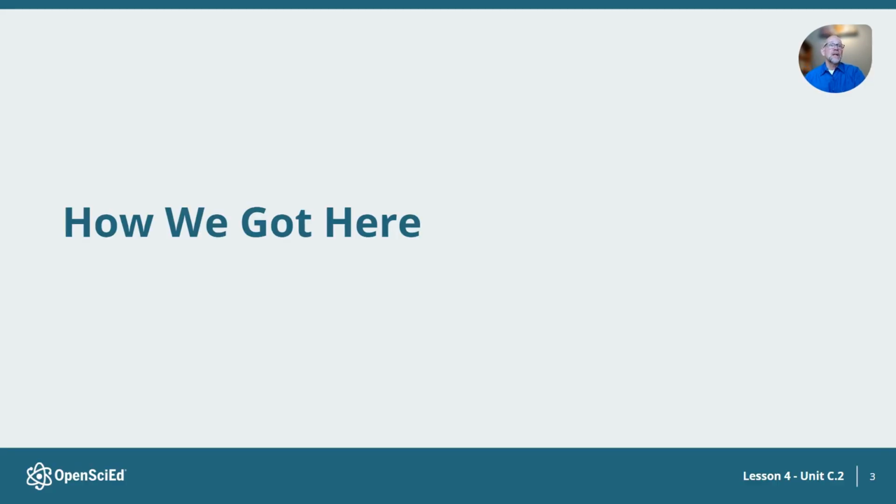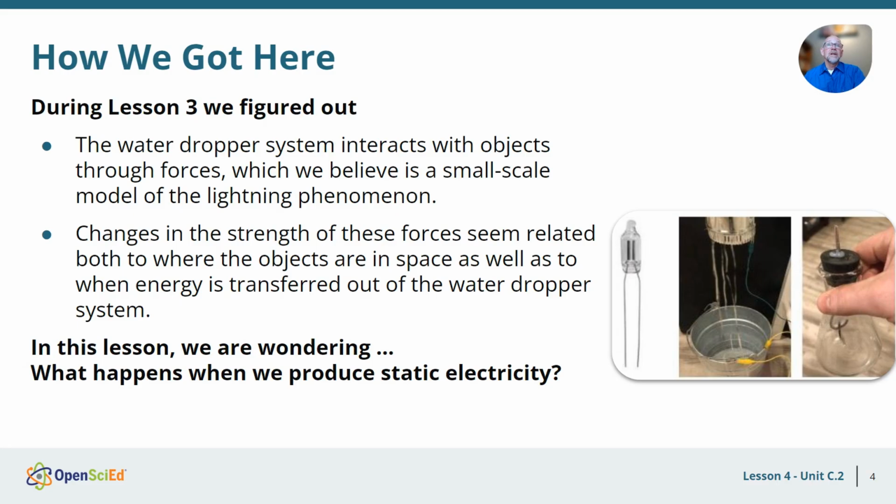Let's look at where we left off in Lesson 3, where we saw that some objects were attracted or repelled from the water dropper system, and that the distance the test objects were from the water dropper system itself affected how strongly the test objects experienced the interaction. In addition, we saw that when the test objects were brought near the water dropper systems, that affected how strongly they interacted.